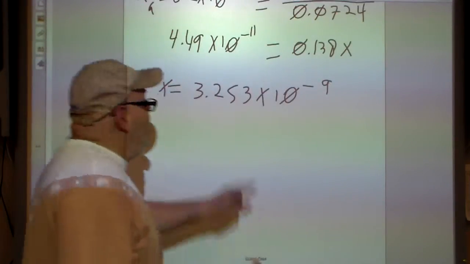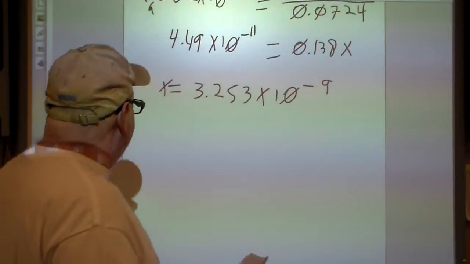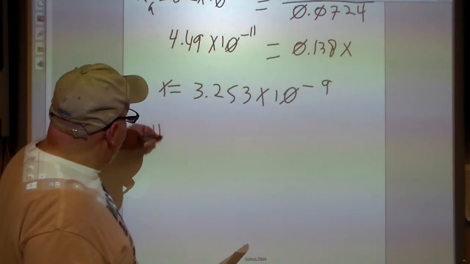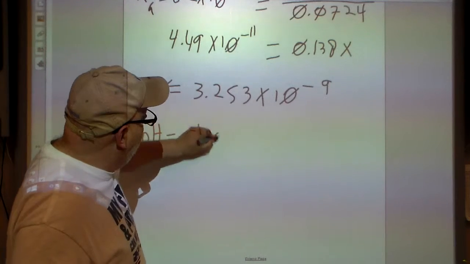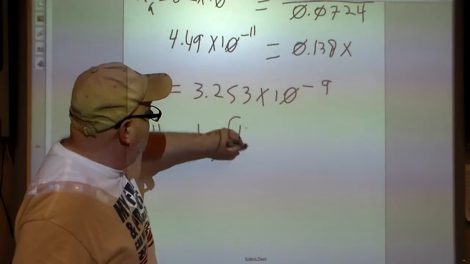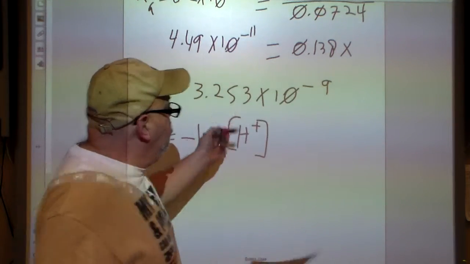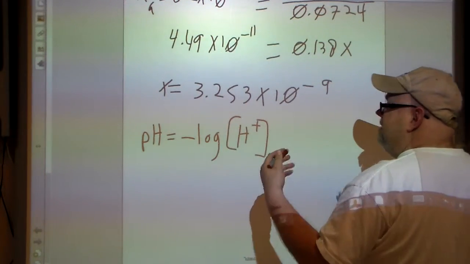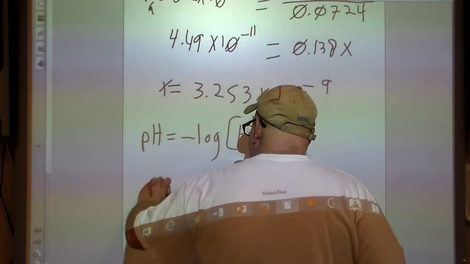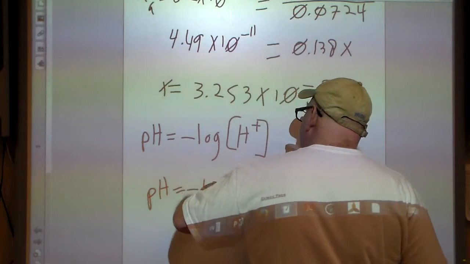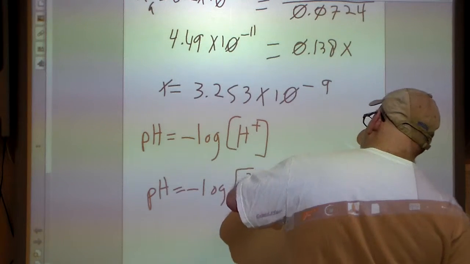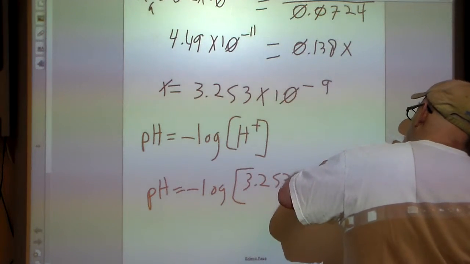Okay, now, ladies and gentlemen, we can finally put this one in the bag. We know that the pH is equal to the negative log of our concentration of H+. Well, what is our H+? It's the 3.253 times 10 to the minus 9th. So the pH is equal to the negative log of 3.253 times 10 to the minus 9th.